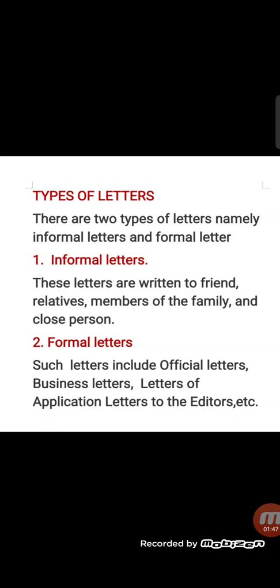To friends, relatives, members of the family and close persons. And the second is the formal letter. Formal letters are written to officials in offices. Official letters, business letters, letters of application.